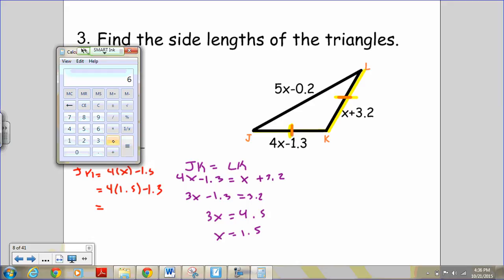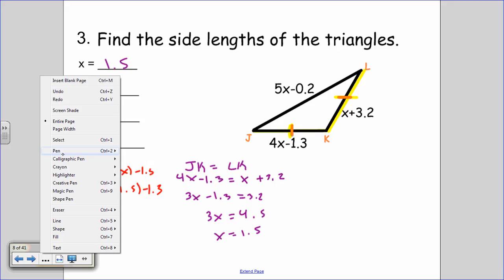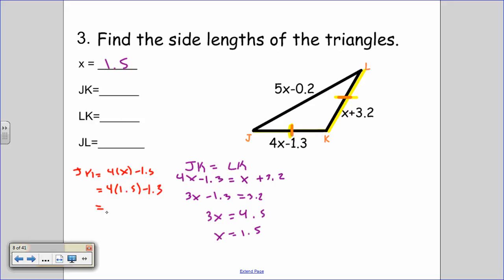Then I'm going to subtract 1.3. And that'll be 4.7. So JK is equal to 4.7.